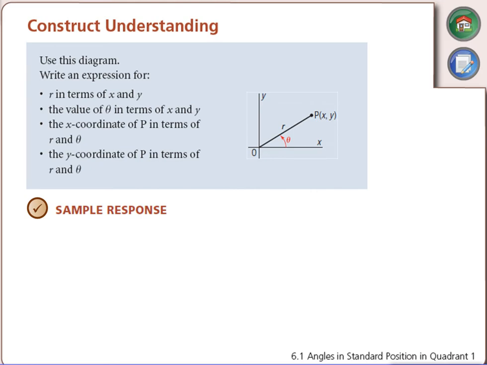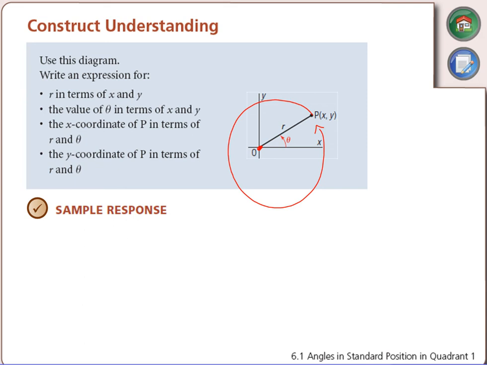The last example is a really good indication of how we're going to be using our standard position, putting it onto an XY coordinate plane. On a radar, that spins, it goes around the center. That is what we're going to be doing.